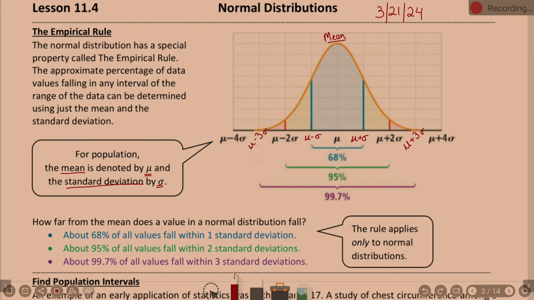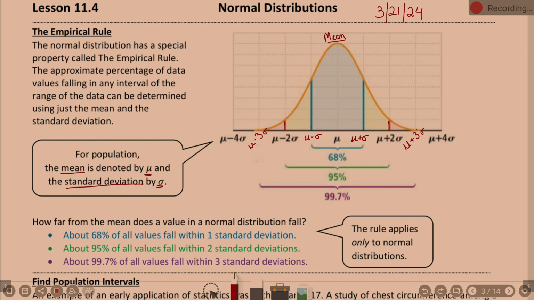So a big chunk, notice that's the tallest part of the graph too. When you go out 2 standard deviations, that's the green marking here, 95% of the data. So from here to here is 95% of the data.